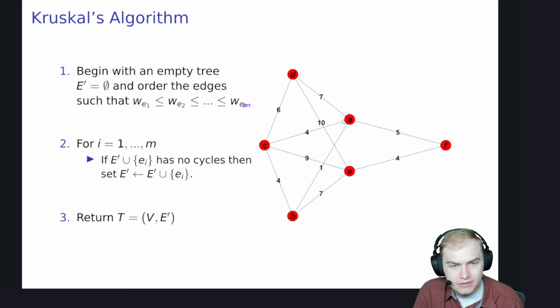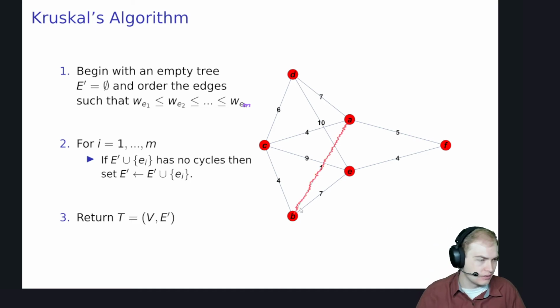The smallest weight edge is A to B, and obviously adding it does not create a cycle.